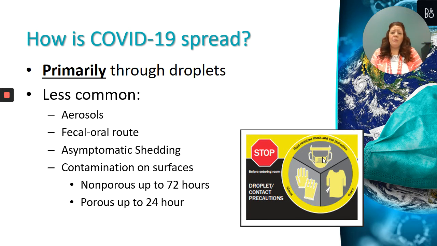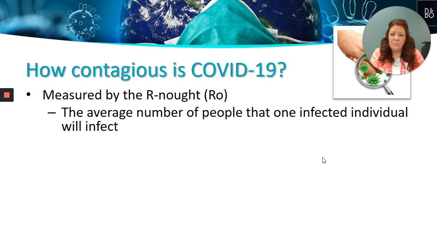Less common as well would be the fecal-oral route, asymptomatic shedding, and also contamination of surfaces. The virus isn't living too long on surfaces: non-porous up to 72 hours, or porous up to 24 hours. So those are some other ways that it could be spread.